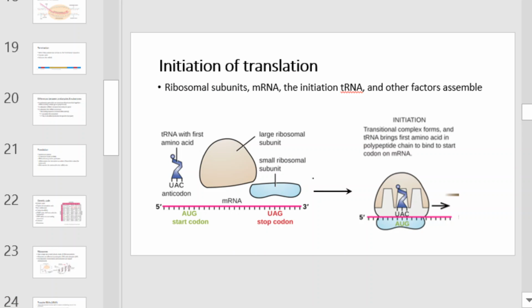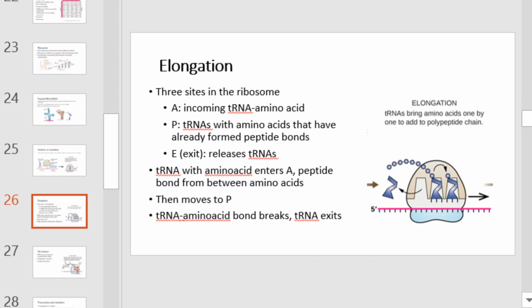The initiation of translation. Ribosomal subunits, mRNA, the initiator tRNA, and other factors all assemble to begin the translation process. Elongation. Three sites in the ribosome, the A, P, and E sites, are all used during the elongation phase, or the phase during which the mRNA is read and a protein is produced.